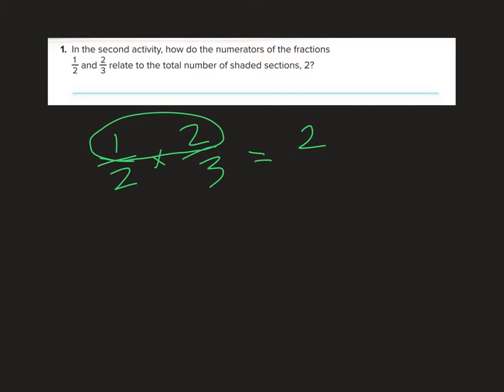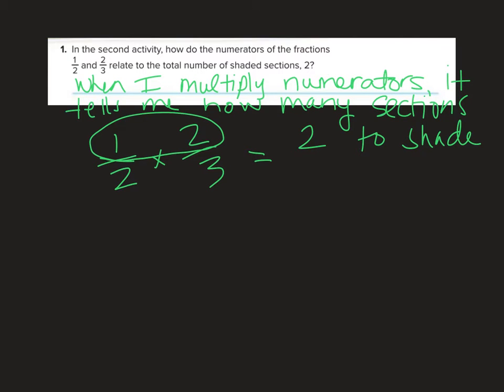So how many sections were shaded? When we did the picture, there were 2 sections shaded, right? So when I multiply numerators, it tells me how many sections to shade. Okay, it's worth the same, right?